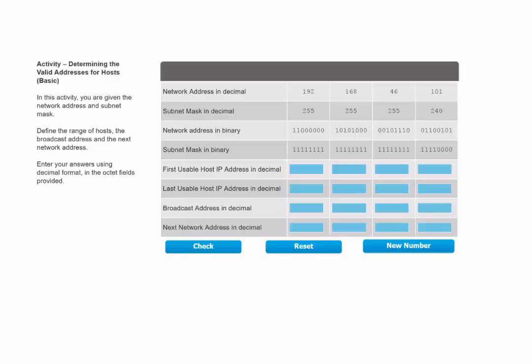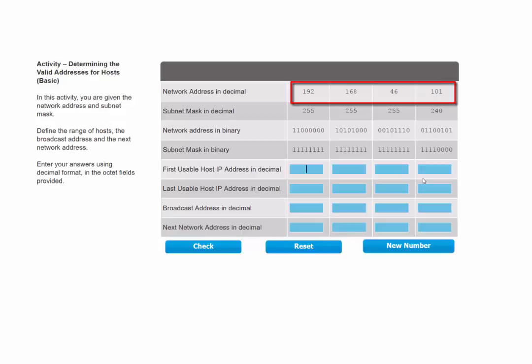Okay. So let's move to another activity. So this activity is a little bit complex. So what we need to do here is to calculate the first usable host address given this network address and the subnet mask. And this is the network address in binary, just to simplify the exercise for you. So as we said before, the network address in decimal.